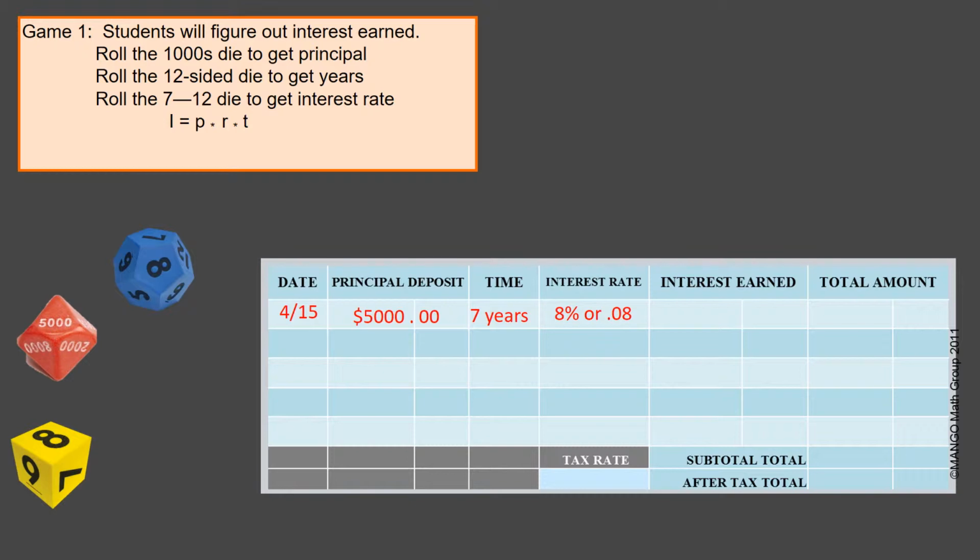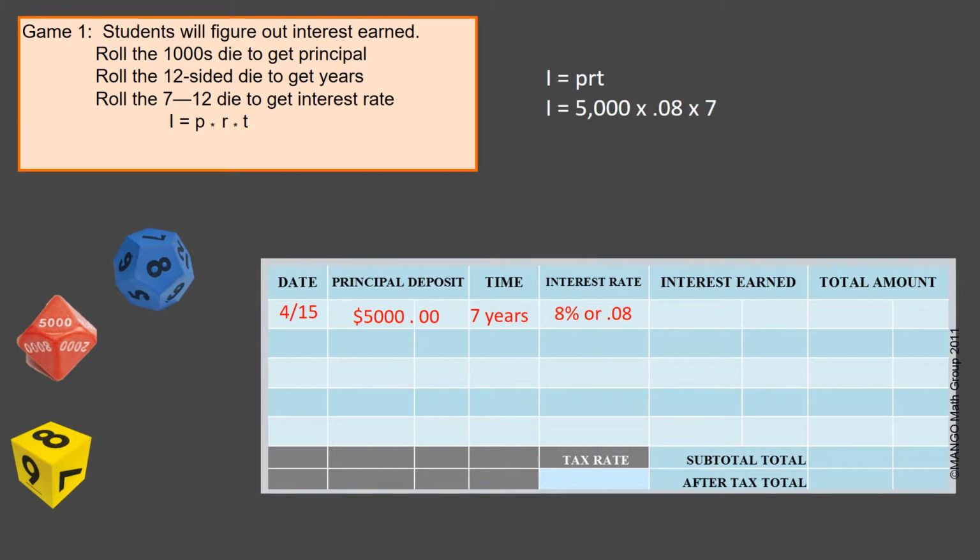So from that, they're going to have to figure out the interest that they earned. When they put in $5,000 over 7 years, each year earning 8%, what's the amount that they earned at the end of that time?